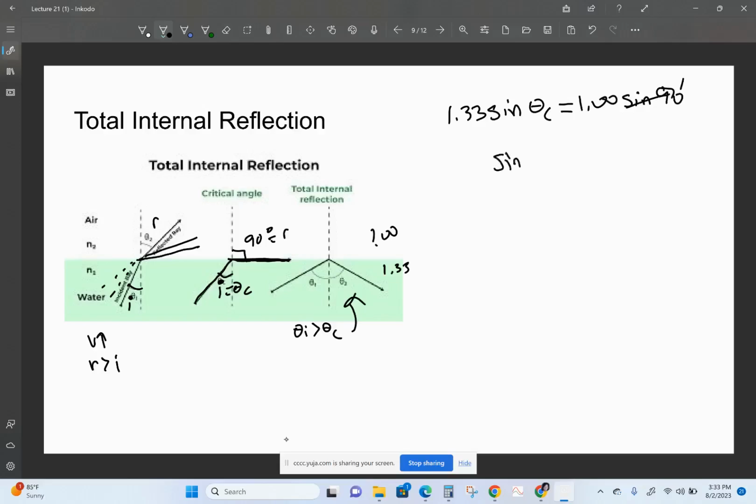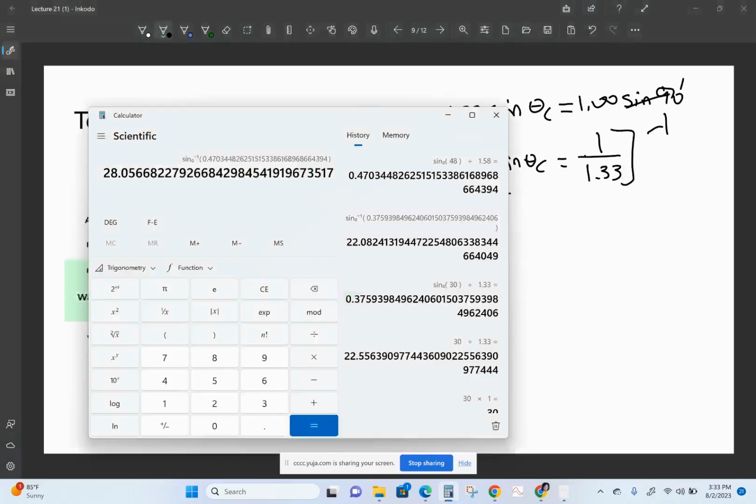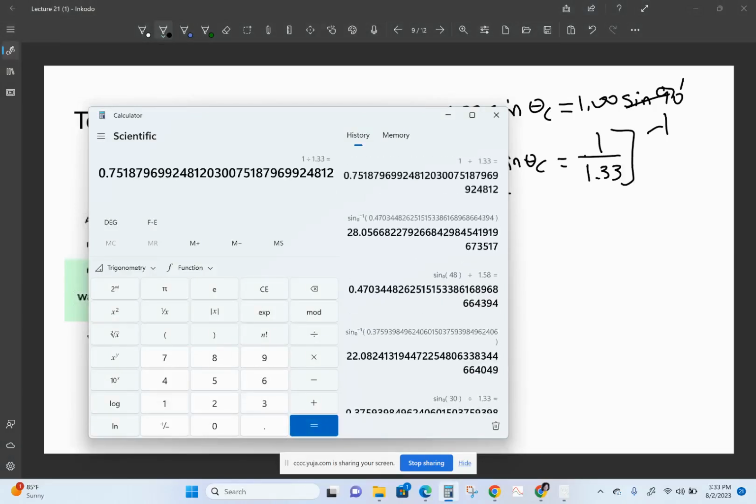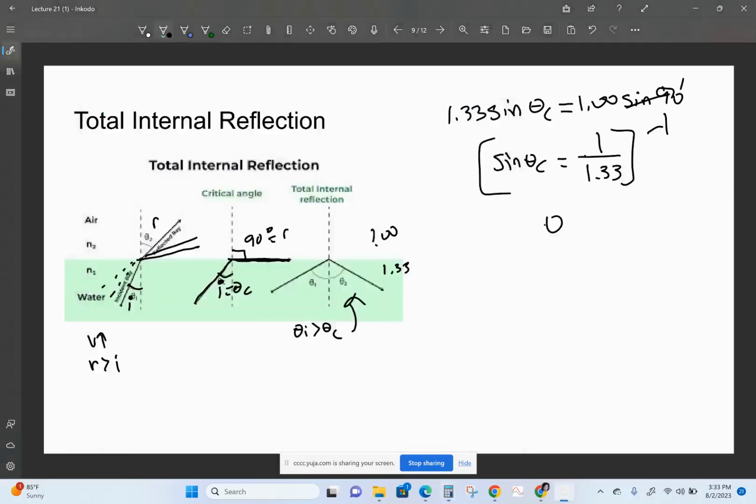So sine of theta C is going to be 1 times 1 divided by 1.33. So when we're going into air, it's pretty easy because we're just going to take the inverse sine of this. So 1 divided by 1.33, and then we just take the inverse sine of that.